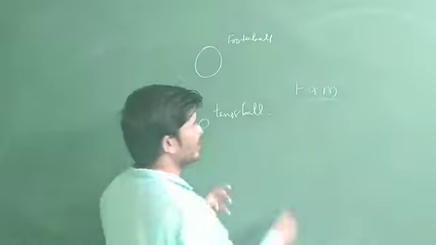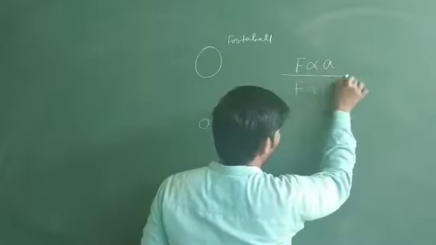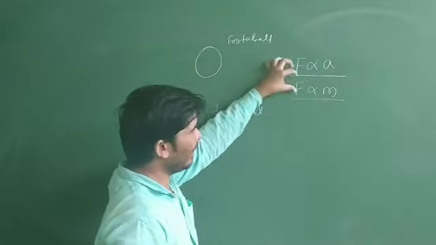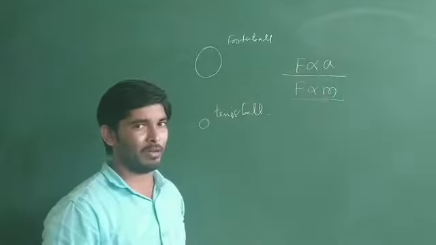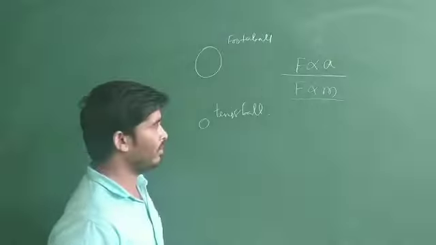So in the first case, the force needed to produce an acceleration is directly proportional to it. So F is directly proportional to A, and F is directly proportional to M. Now plot the graph of these two relations.